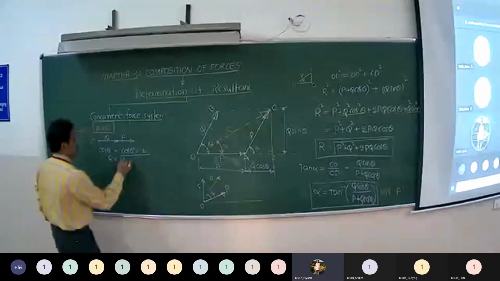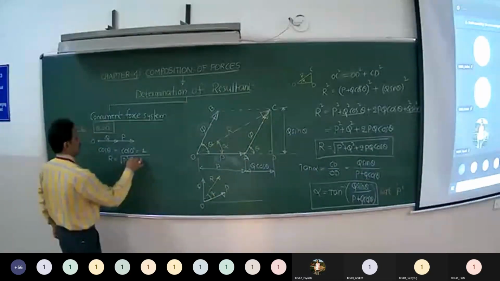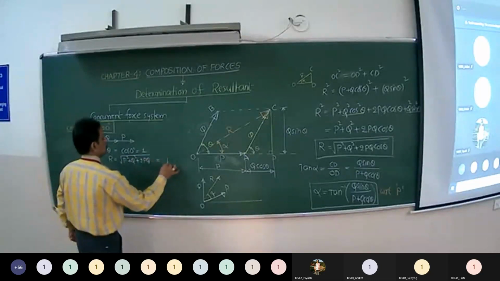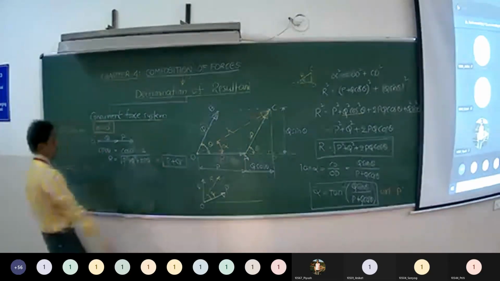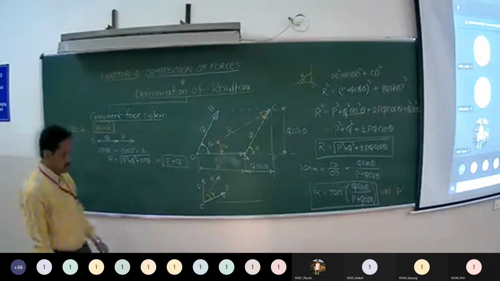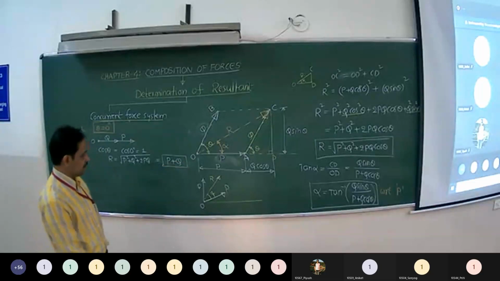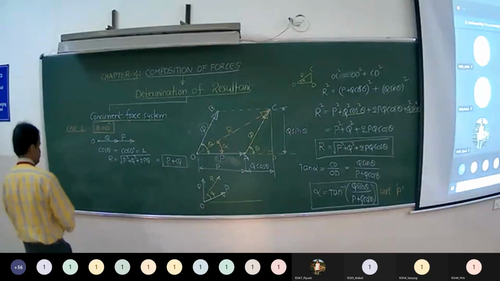R is equal to P plus Q. Right, P square plus Q square plus 2PQ. So R is equal to P plus Q. Theta is 0 means both are collinear, acting in the same direction. Therefore R is equal to P plus Q.